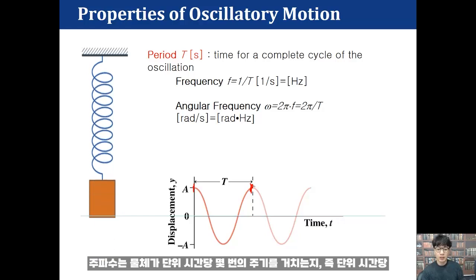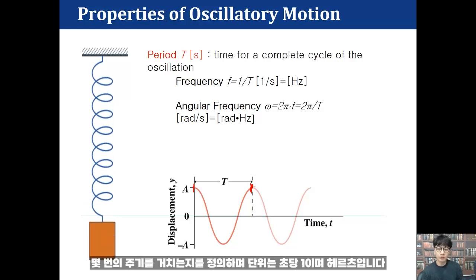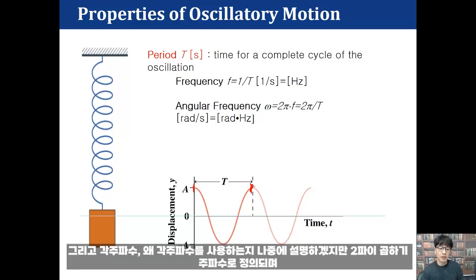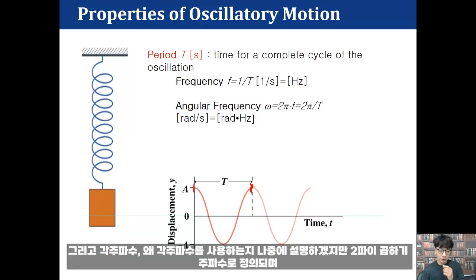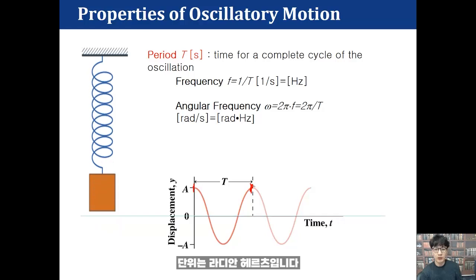Frequency is, by definition, how many cycles the object goes through per unit time. The unit is 1 over second, which is hertz. And angular frequency, I will explain later why we use it, is defined as 2 pi times frequency, and the unit is radian per second.